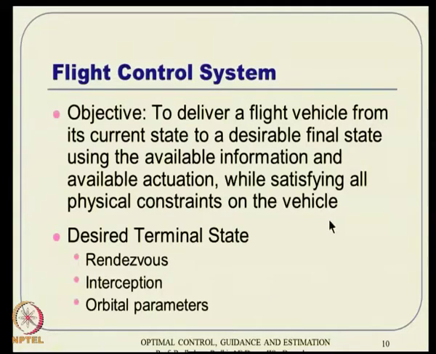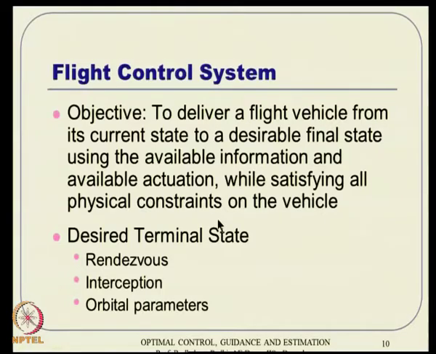Physical constraints such as angle of attack constraint, lateral acceleration constraint, or even various body rate constraints, actuator constraints, all sorts of things will happen. So, those constraints have to be honored, and within those constraints, it has to deliver the flight vehicle from its current state to a desirable final state. Obviously, it has to be the target interception point and all that.